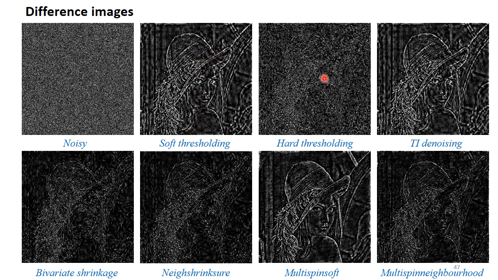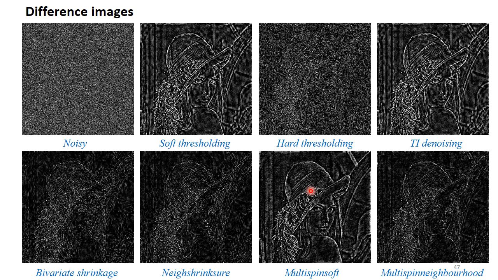In hard thresholding we observe so many dots, almost close to the noisy representation, therefore artifacts are created and some amount of noise is still remaining. Translation invariant is quite better compared to soft thresholding. In bivariate shrinkage, here and there much of the data has been lost. NeighShrink, this is the result. Multispin soft, again we lose information, and multispin neighborhood is comparatively better than all of them, right?